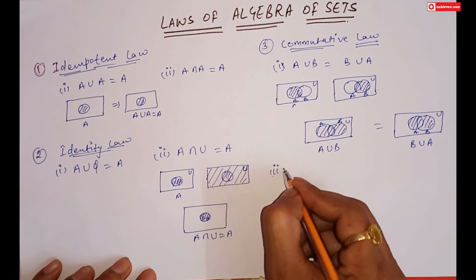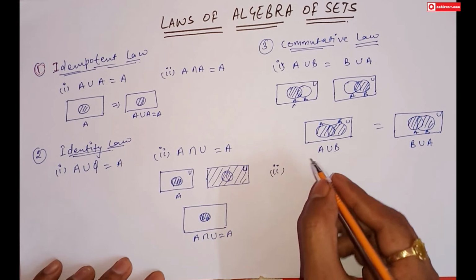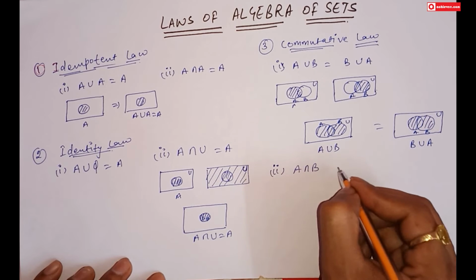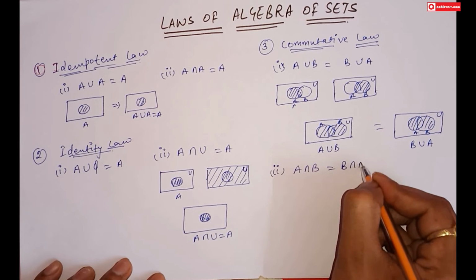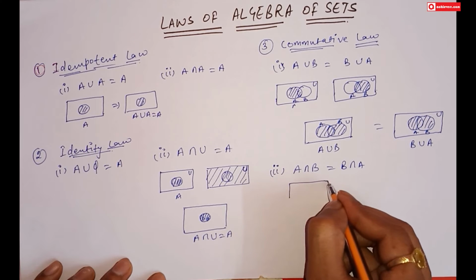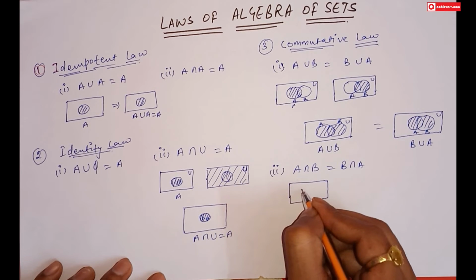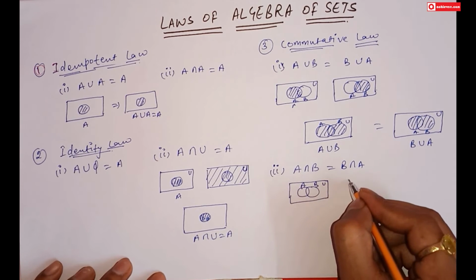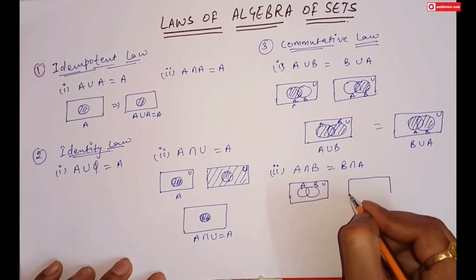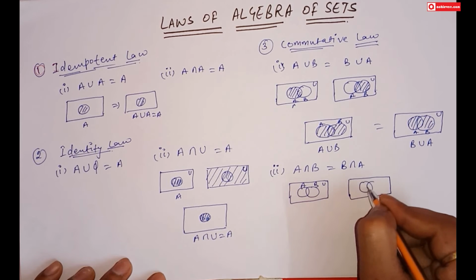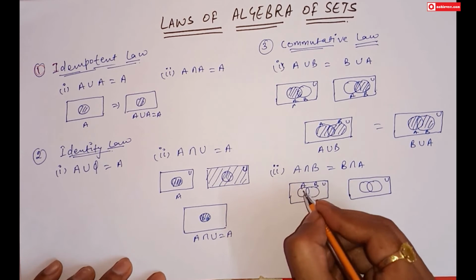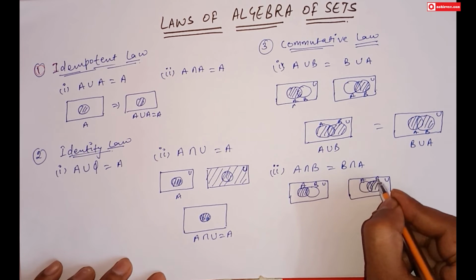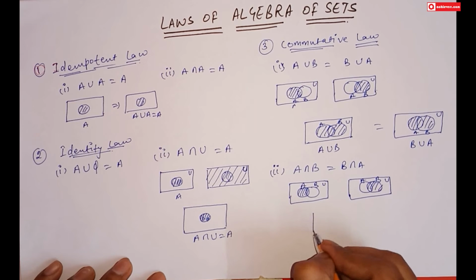Similarly, there is the second commutative law, that is A intersection B is equal to B intersection A. So we have two sets, suppose A and B. This one is A, this one is B. So what is A intersection B?